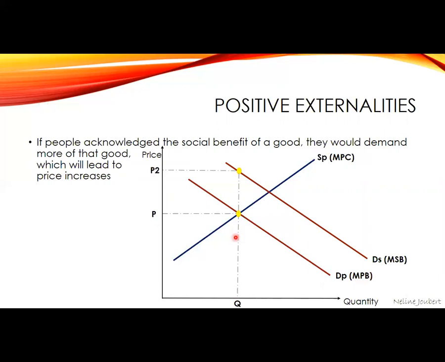So if you think about the benefit associated with education, currently, this is the supply of education, and because of the limited resources that we have, it's not really possible to increase the supply of education drastically, but we need to get more people to demand goods with positive externalities.